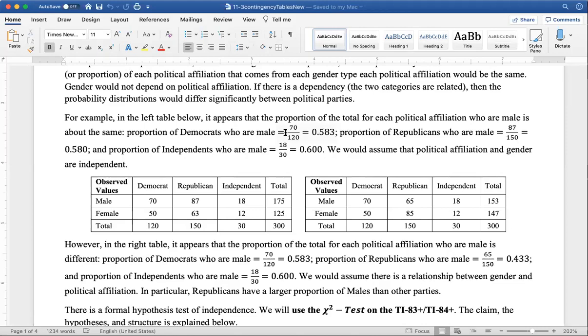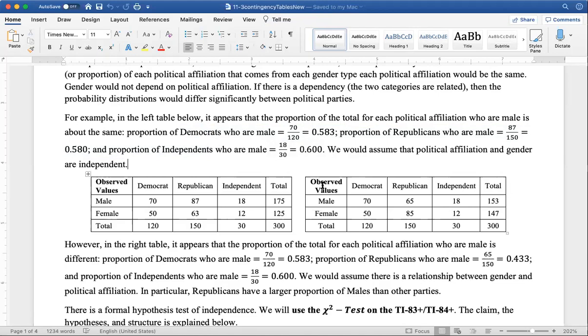Again, fairly close to the 0.58 and the 0.583. And if this were the case, we would suspect that there is no relationship between political affiliation and gender, and therefore they are independent of each other.